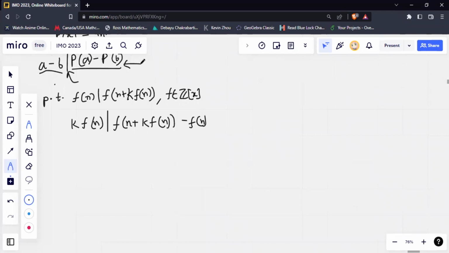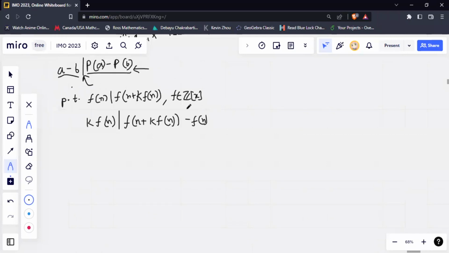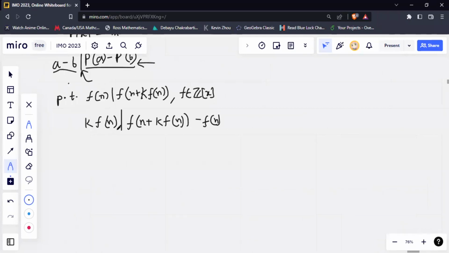Can you elaborate for everyone else? First of all, what a and b are here: basically, a becomes n plus k f of n, and b becomes n.